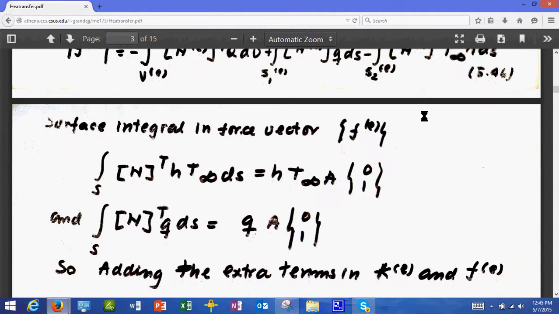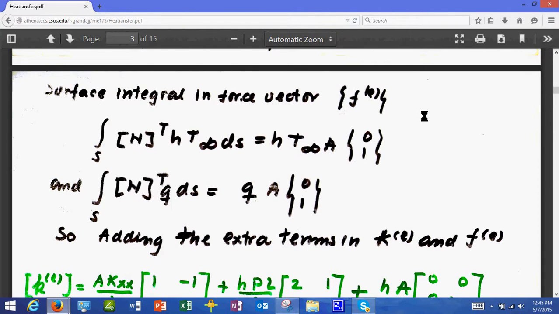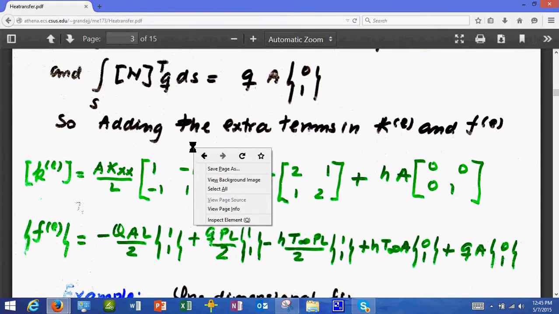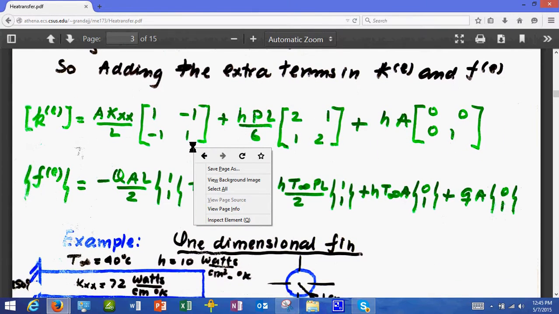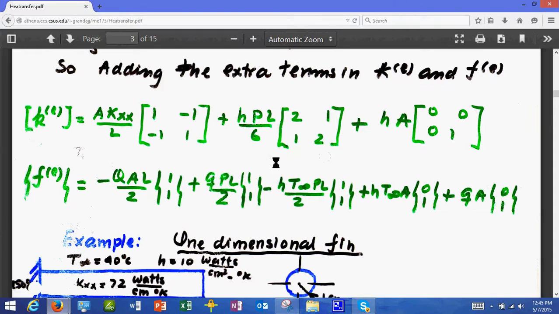So in here there are other simplifications from the ones that the author made in chapter 7 to obtain these products of the shape function transpose and so on. So here's an example of how you do this.